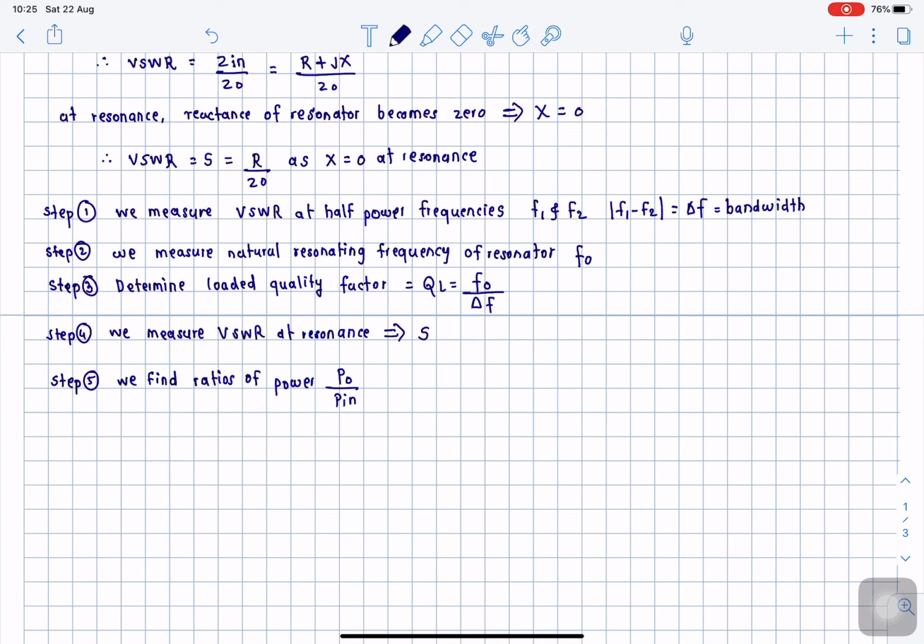We already know a measurement procedure for power. We already know the input power with which the cavity resonator is excited, so P in is already known. We need to place the power sensor at the output and measure the output power.